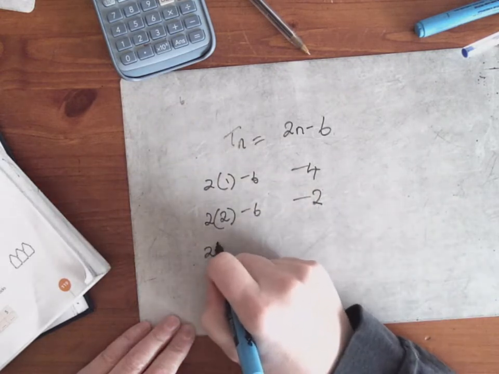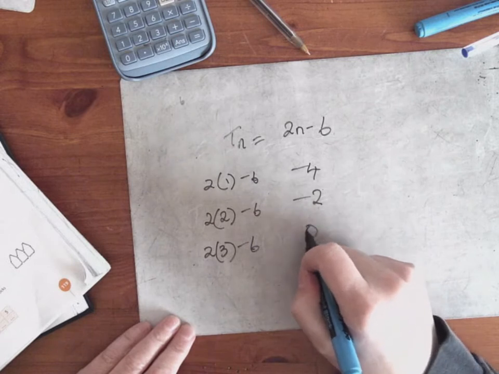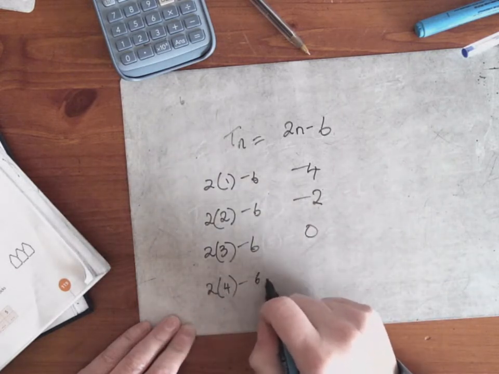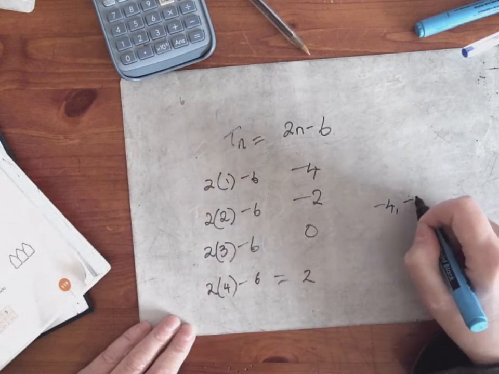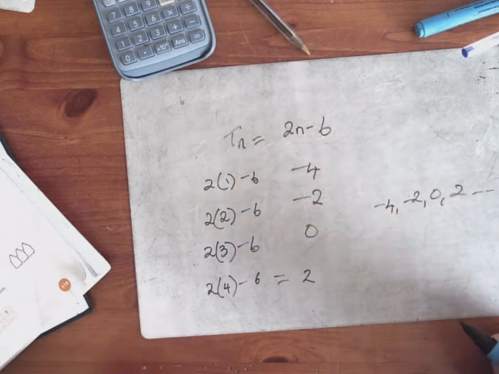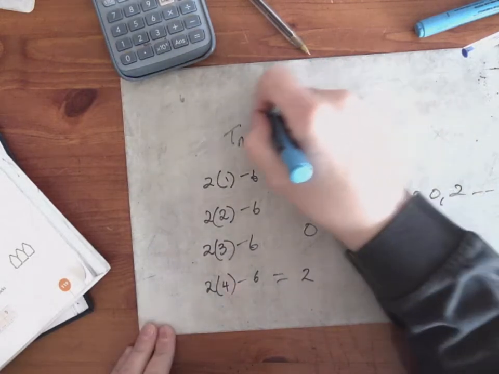Then 2 times 3 minus 6 is 0, and 2 times 4 minus 6 is 2. So the first 4 terms were minus 4, minus 2, 0, 2, and dot dot dot. That's all I asked you for. That's what we would have done yesterday.